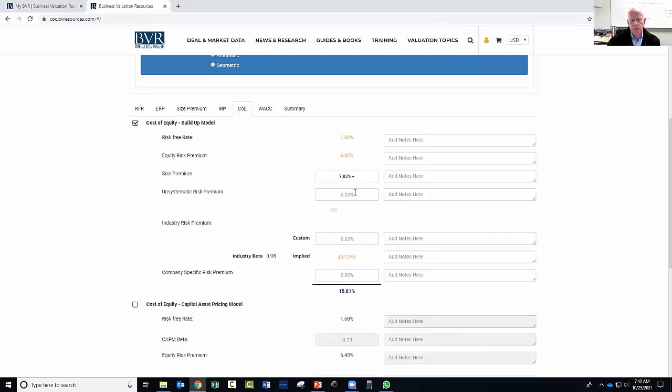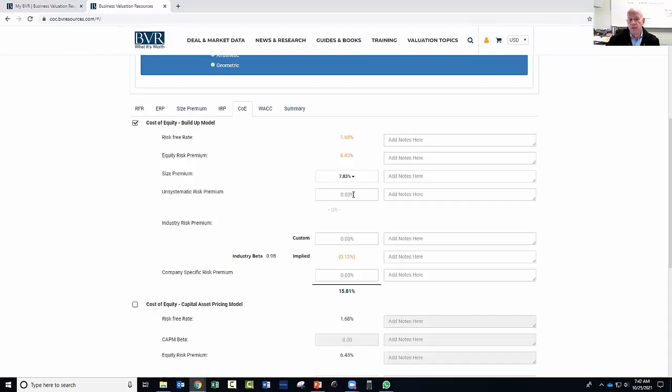We now have the ability to input one or two other possible figures that'll be used in this whole build-up system. The one is the unsystematic risk premium, or a risk premium that we might build into this cost of equity because it's something that's completely outside of the firm's control, but is inherent in the industry that the firm is in.